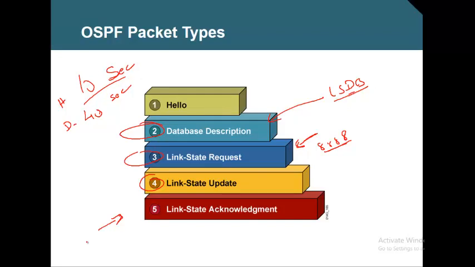And also we saw the adjacency states, 7 stages. And also we saw why DR and BDR are elected. And also we saw what address is used by DR to send the update and what address is used by others to send the update.